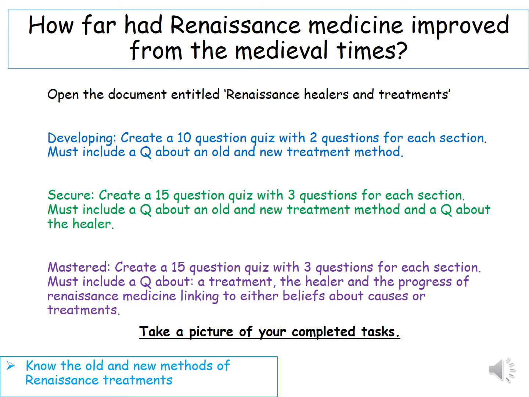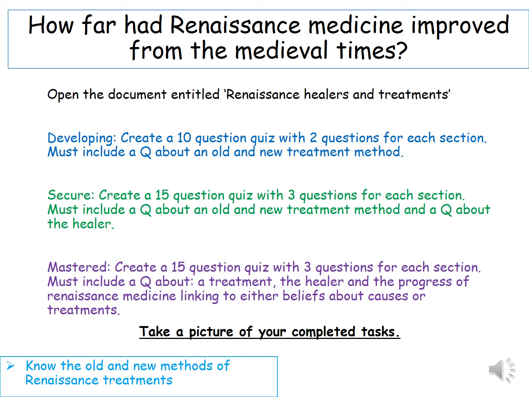You're to have 3 questions for each section, but you should have 1 question about treatment, 1 question about the actual healer, so the treatment that healer uses and the healer, and the third question needs to be about the progress of medicine, linking either to beliefs about the causes or treatments. So the third question needs to be 1 for each healer, but it needs to be linked to what they believed or what type of treatments they were using.